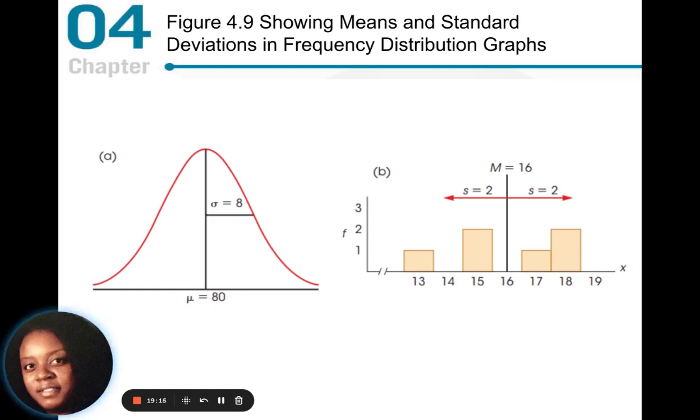For graph A, we've got a population distribution with a mean of 80 and a standard deviation of 8. And in graph B, we have a sample with a mean of 16 and a standard deviation of 2. So we can see how those things could be graphed out.